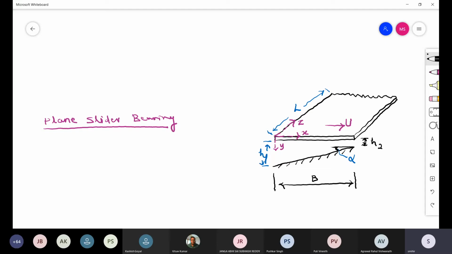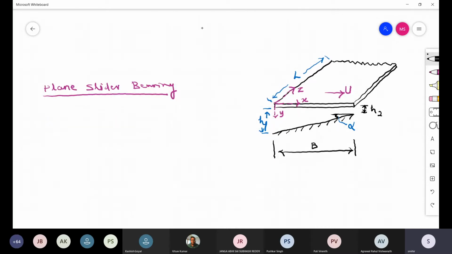As the plate moves towards right, pressure develops in this bearing. So how will the pressure develop? It will look something like this.